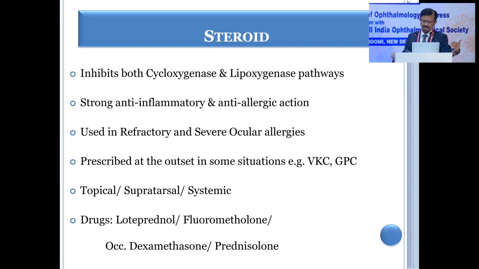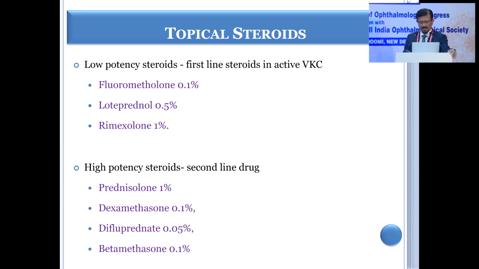It inhibits both cyclooxygenase and lipoxygenase pathways, and it can be used by different routes. It can be used topically, and it can be given systemically as well, in short bursts for cases who are not responding, and it can be given as a supratarsal injection in conditions wherein there is marked cobblestoning of papillae.